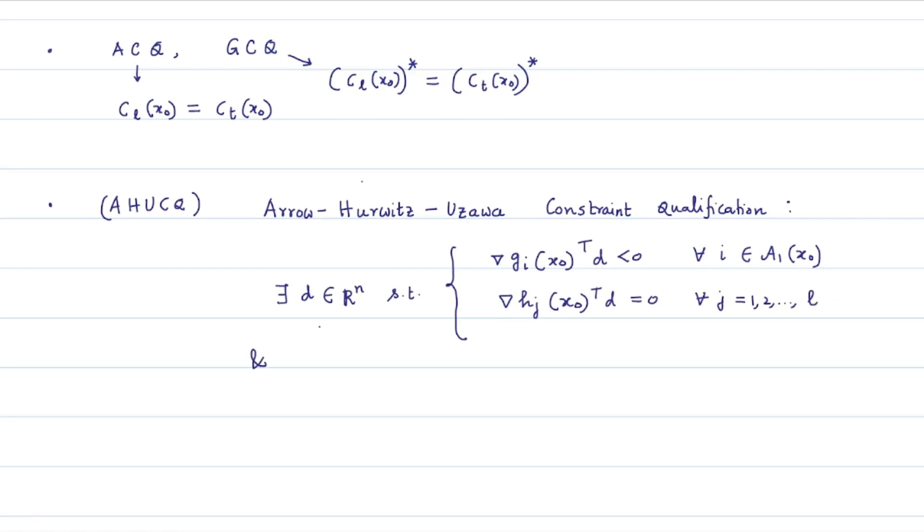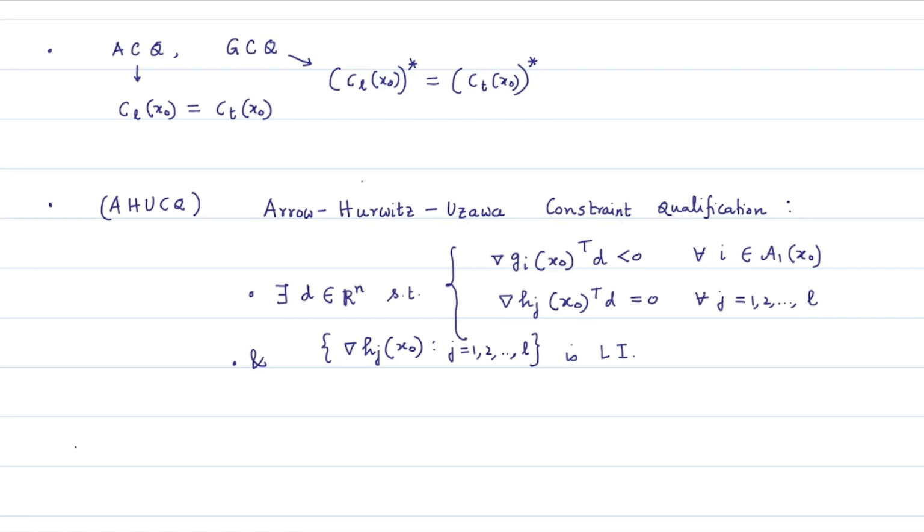Together with this condition, the gradient vectors corresponding to the equality constraints form a linearly independent set. That is your AHUCQ constraint qualification.